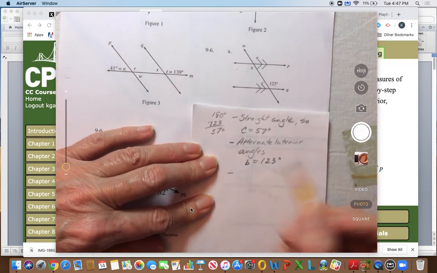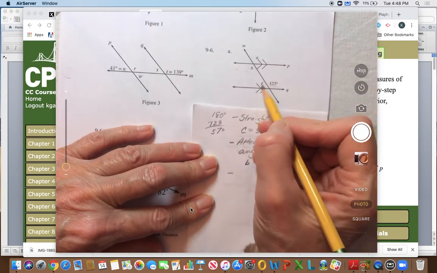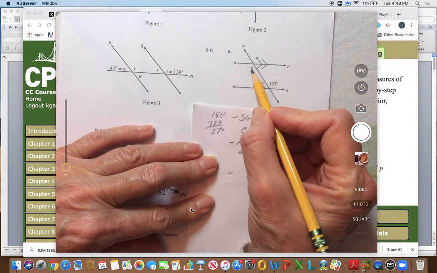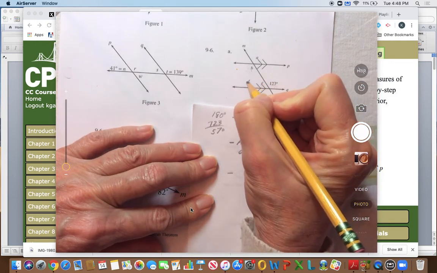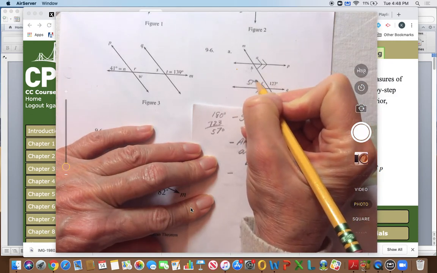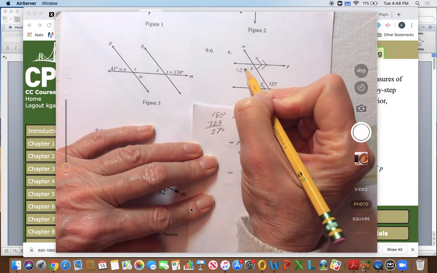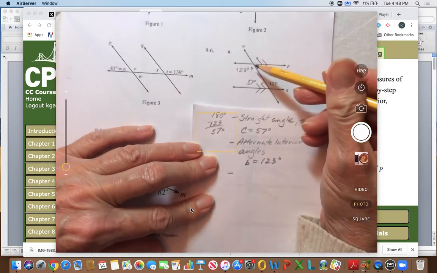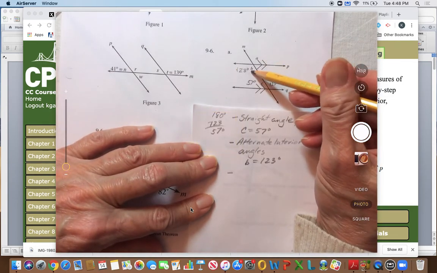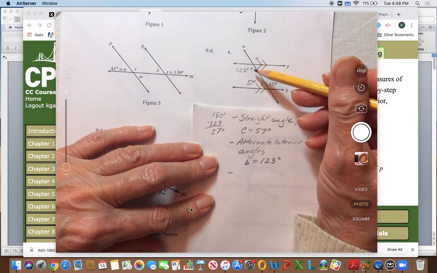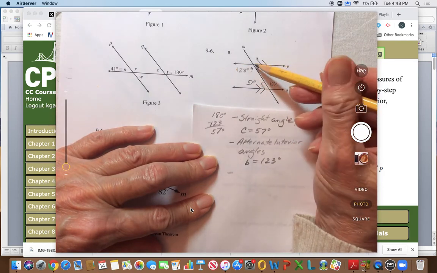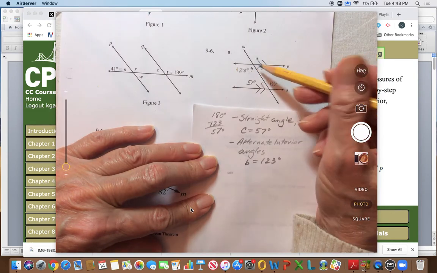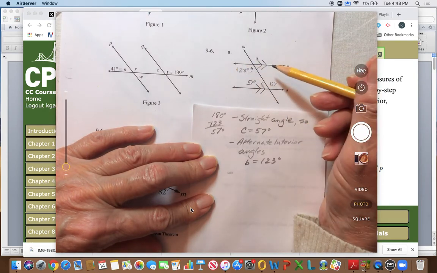All right, so now I know what C is, I know what B is, so I'm going to go ahead and just write them in, 57 degrees and 123 degrees. Now the next thing I notice is that B and A are on opposite sides of this intersection caused by these two lines.